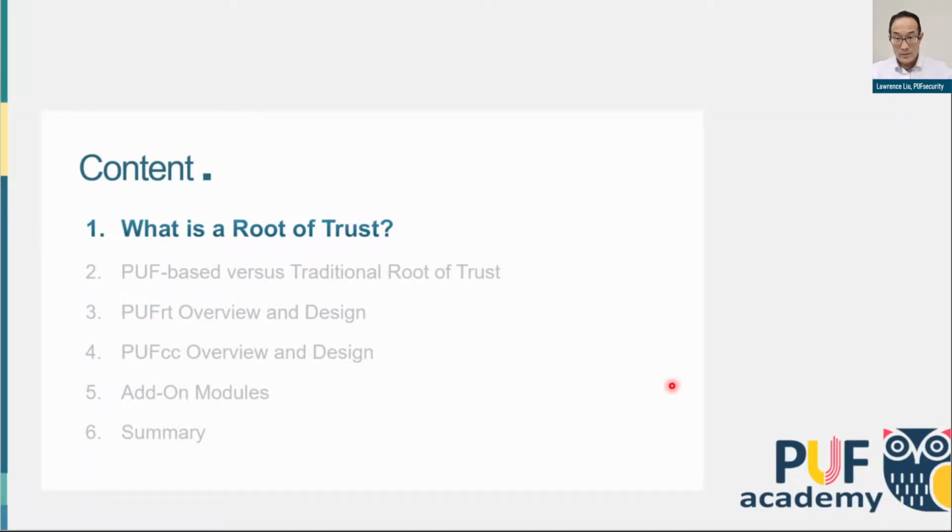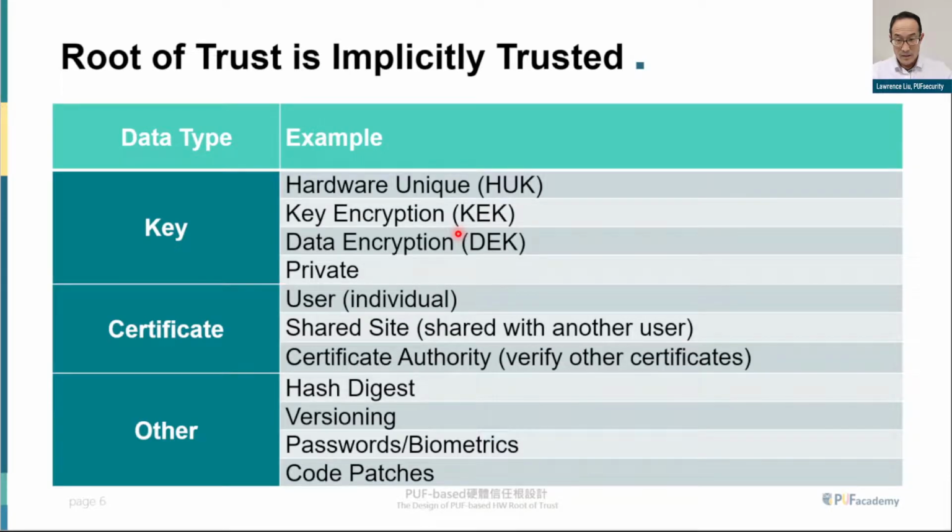So now we'll go into the main parts of the lecture, starting with what is a root of trust. Simply put, a root of trust is the implicitly trusted basis of a system's security. For trust to be established in a system, it needs to start from the root, or the root of trust.